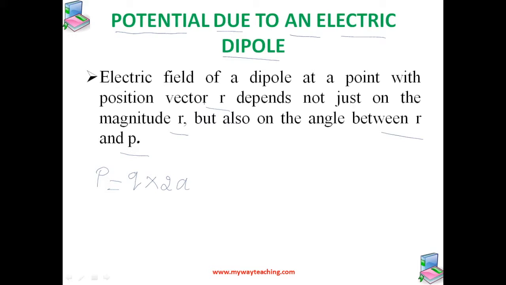Further, the field falls off at large distance not as 1 by R square, but as 1 by R cube. As distance increases, the field falls in proportion to 1 by R cube, not 1 by R square. So now let us determine the electric potential due to a dipole and contrast it with the potential due to a single charge.